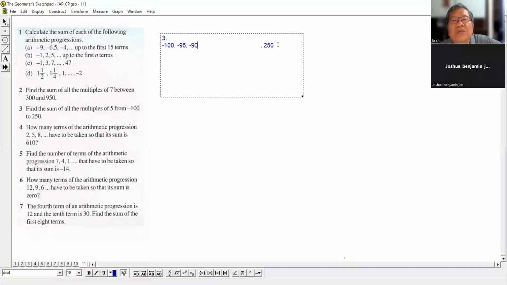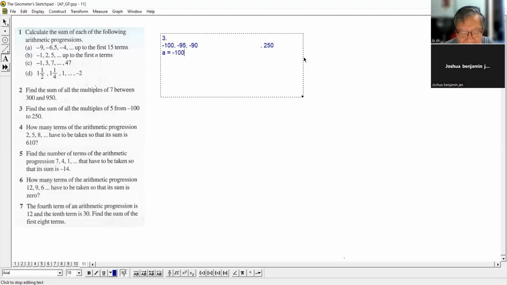So looking at these multiples of 5, we want to find the sum of all these numbers. Can you tell me what is A? Negative 100, correct.